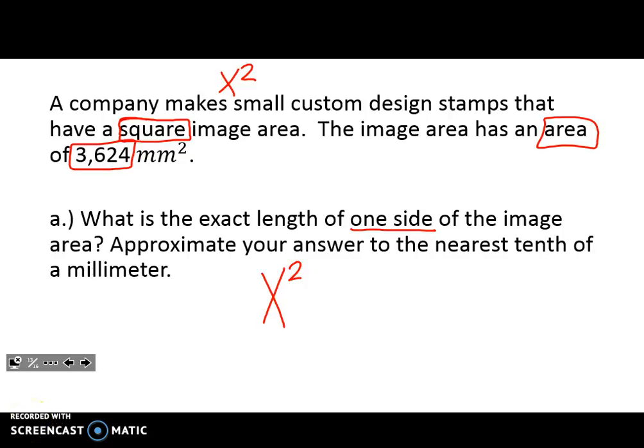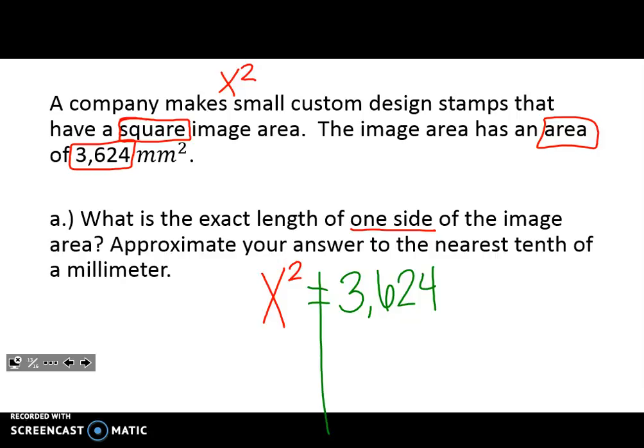Since we're talking about a square and they've given us the area, we're going to take x squared and set it equal to 3,624. Okay, so we have x squared equals 3,624 because that's our area.